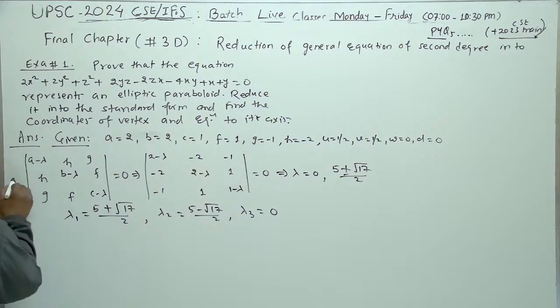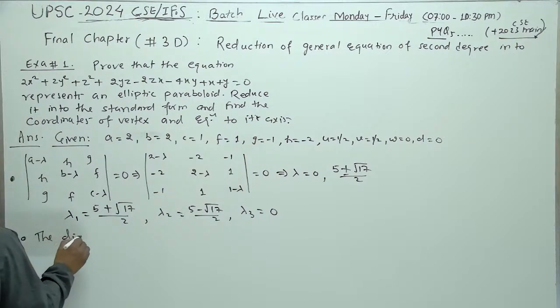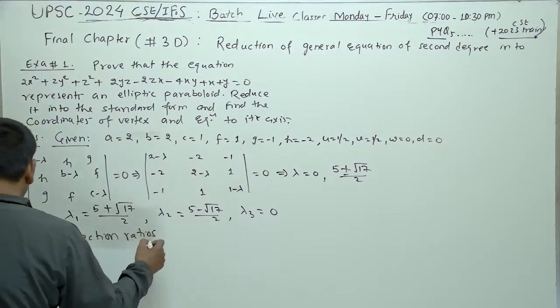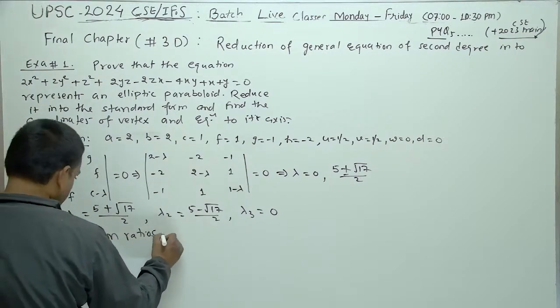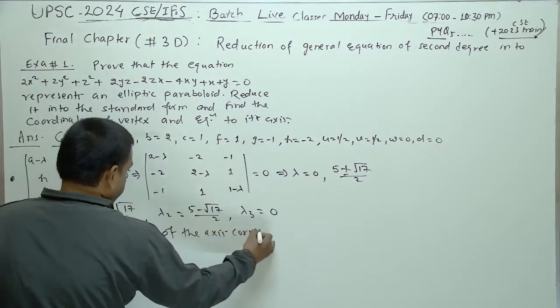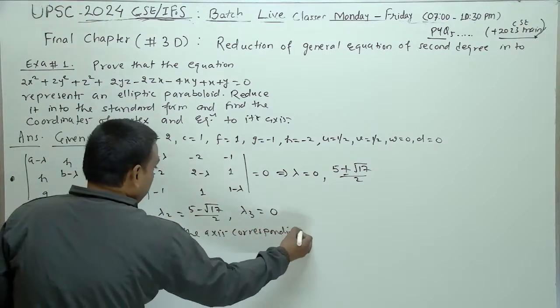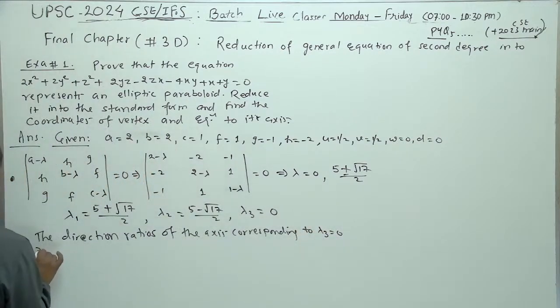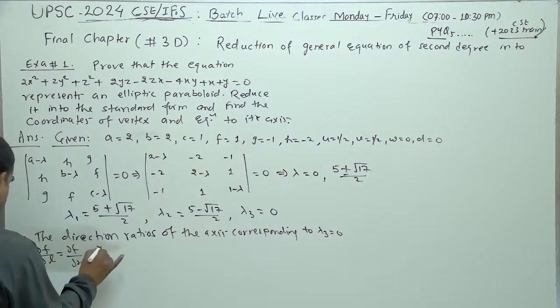So this is the first point. The next point is the direction ratios of the axis corresponding to lambda 3 equals 0.